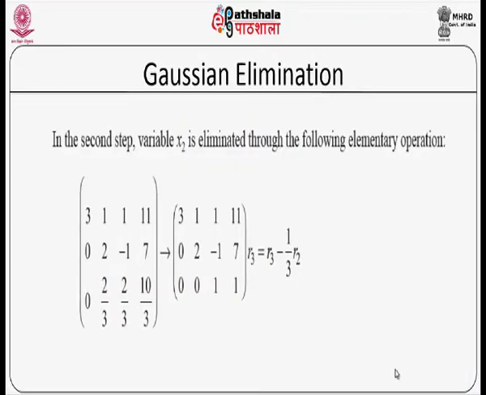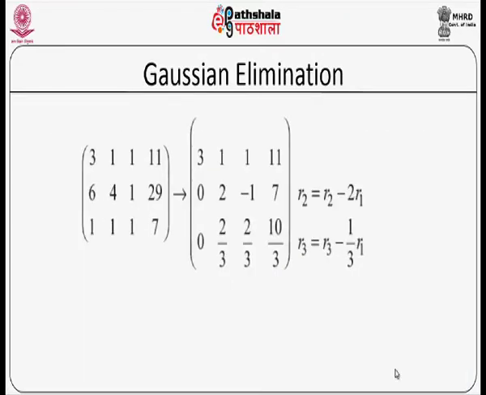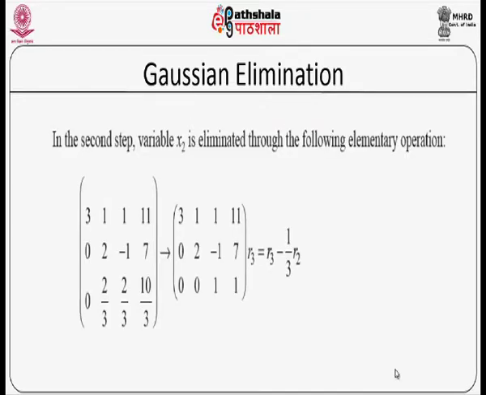So, what is the multiplier? You can see that the multipliers that we use to eliminate 6 and 1 of the other equations are 2 and 1 by 3, and similarly you can see that we have used a multiplier of 1 by 3 to eliminate 2 by 3.